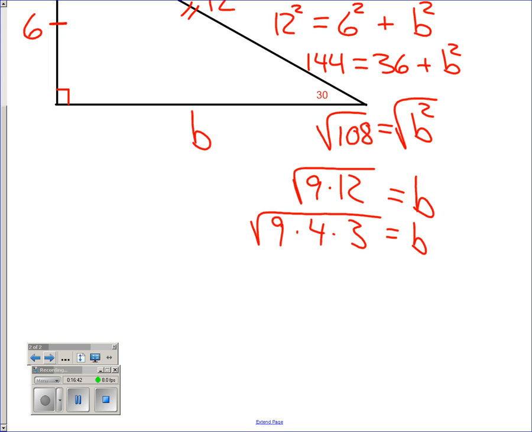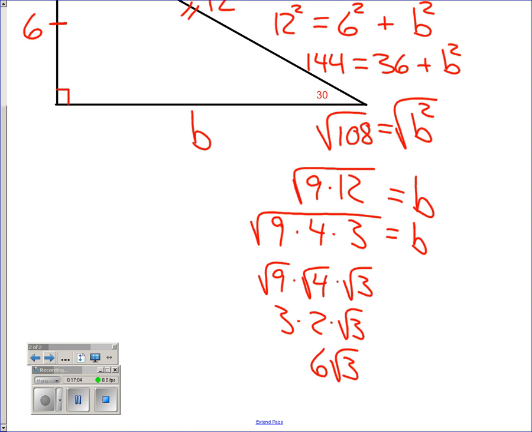Well, now then, let's take the 9, that's a perfect square, times the square root of 4, which is also a perfect square, times the square root of 3. This is 3 times 2 times the square root of 3, or when we multiply the numbers that are outside, 6 root 3, and that's equal to that longer leg length.